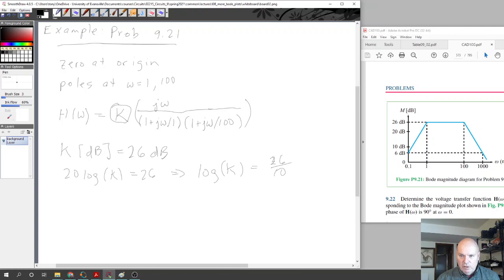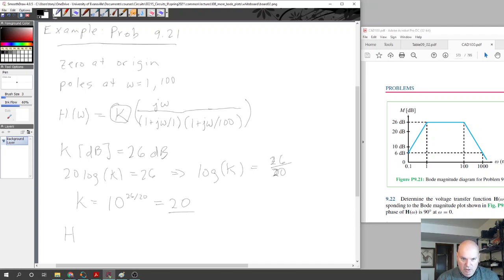And the inverse function to the log base 10 is just 10 to the power. So K would be 10 to the, well, that doesn't look much like a 20, does it? That's 26 over 20. 10 to the 26 over 20. And you evaluate that on your calculator, and it turns out to be 20.